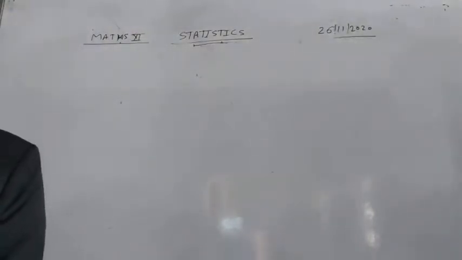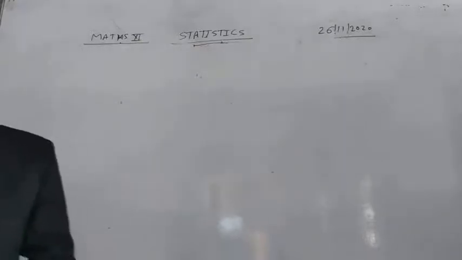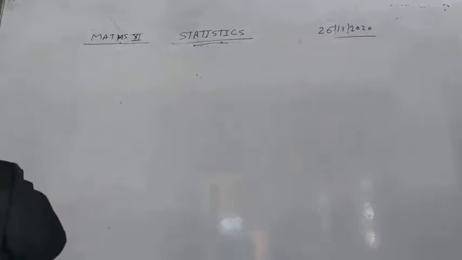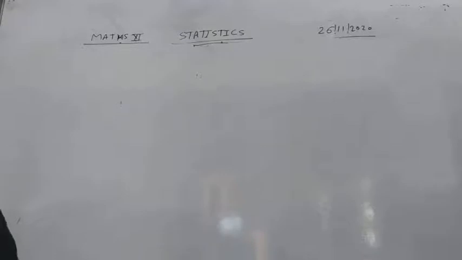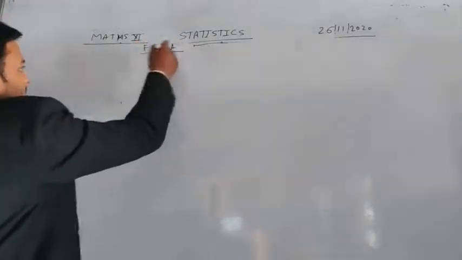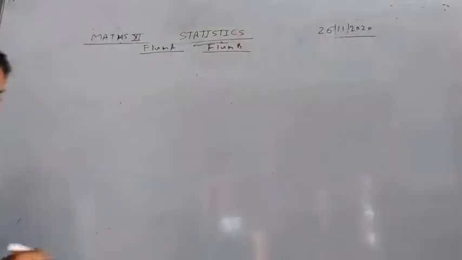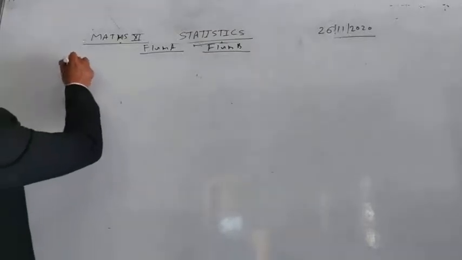An analysis of monthly wages paid to the workers in two firms A and B belonging to the same industry gives the following result. Number of wage earners for firm A and firm B. There are two firms, firm A and firm B, and some information.